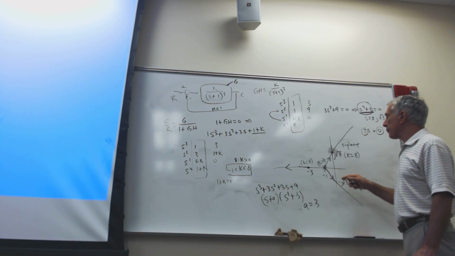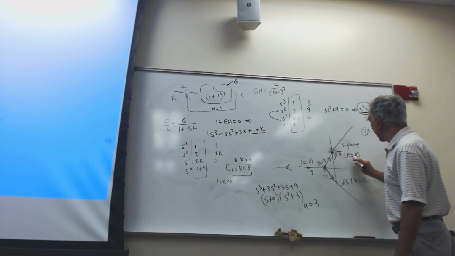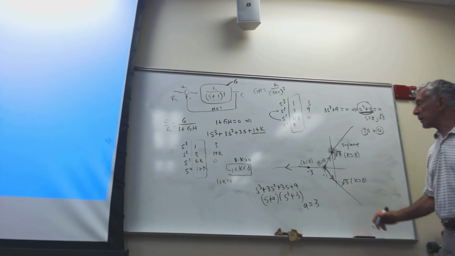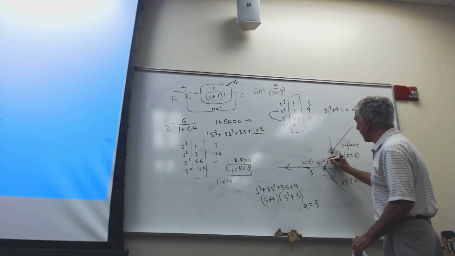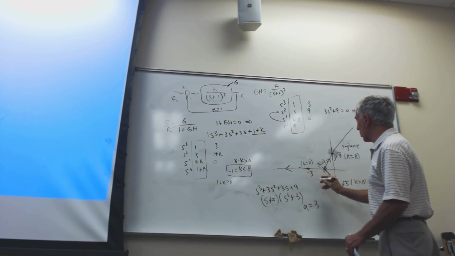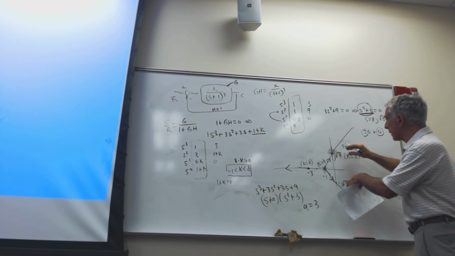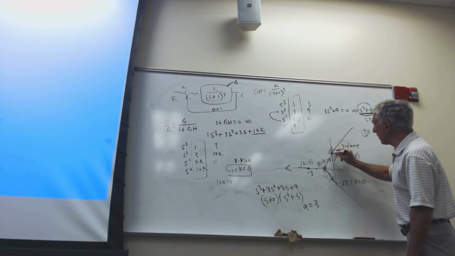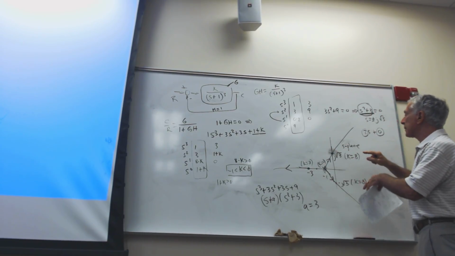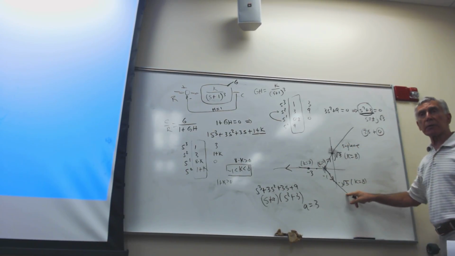As the gain k increases, and remember that the gain k is equal to 8 when we have marginal stability, we'll have complex conjugate poles, and the third pole somewhere in here. As the gain k continues to increase, when it becomes 8, we'll have a pole there, and a pole there at -3.